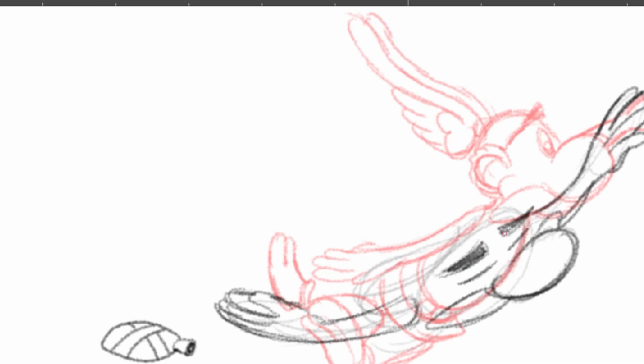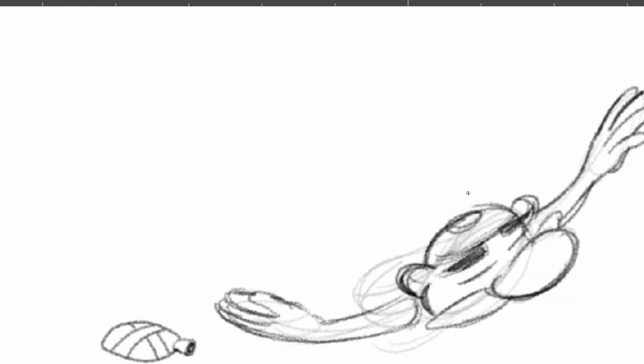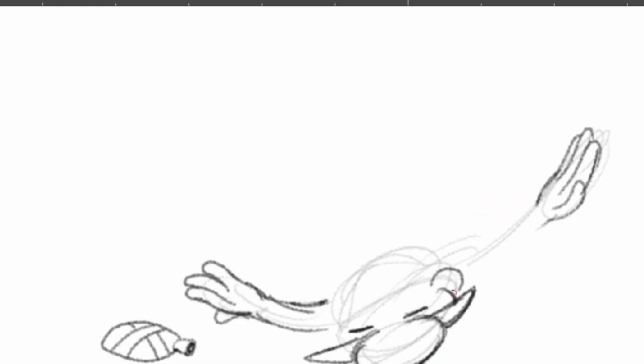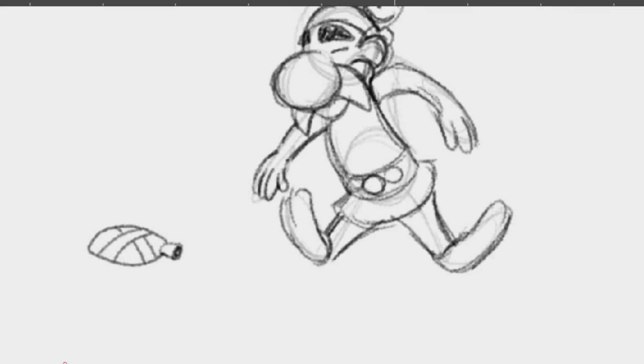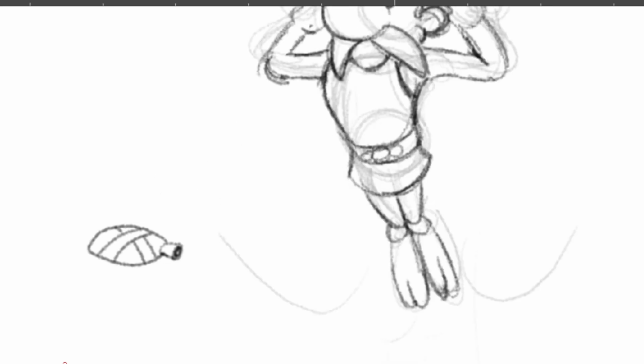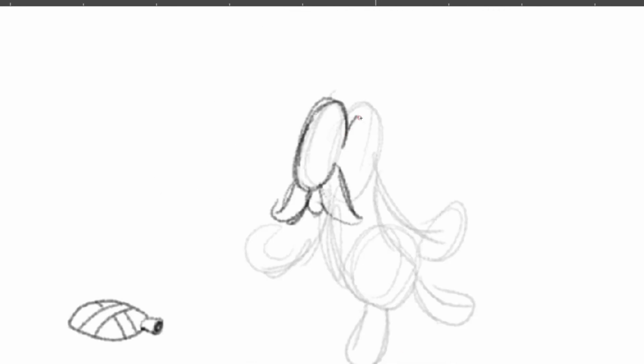It's very interesting. I think Asterix is a great example if you ever watch how Uderzo draws, or Jeff Smith's Bone, probably, or Bill Watterson's Calvin and Hobbes.